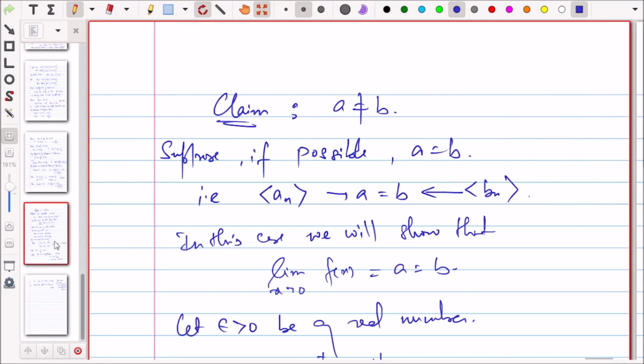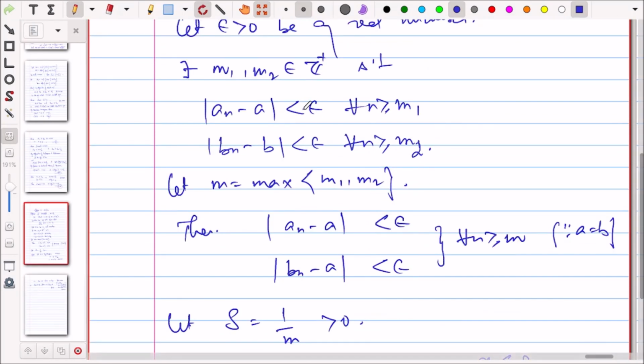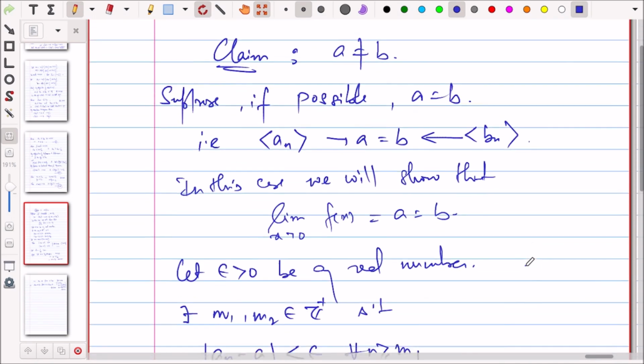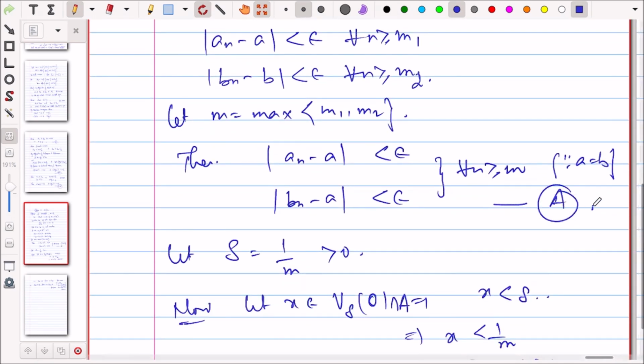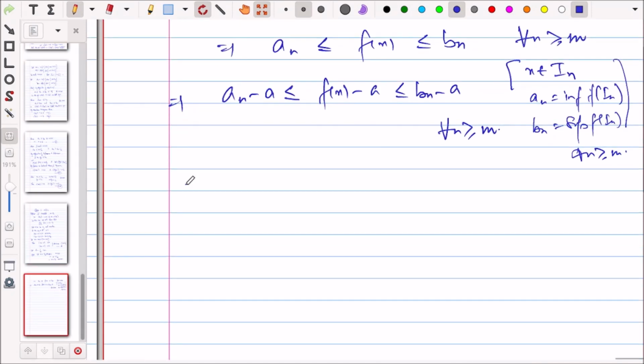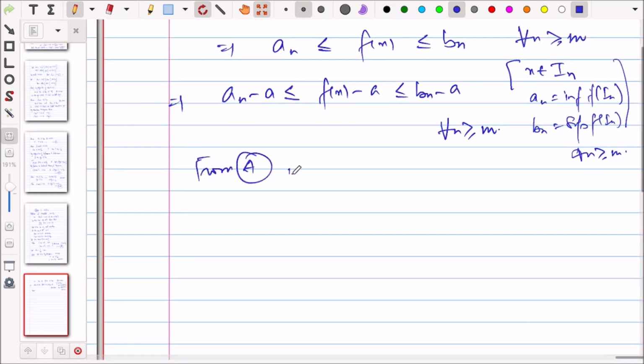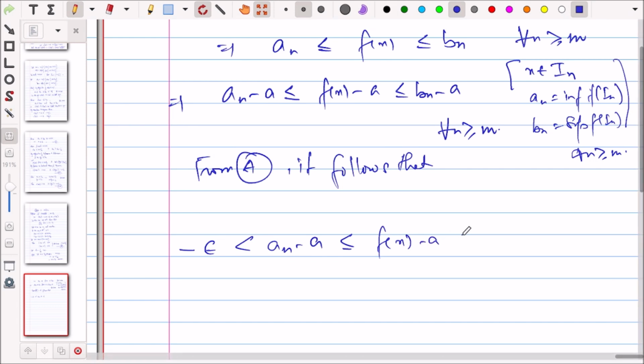Now if you see this interval, it implies that minus epsilon is less than an minus a, and this is less than or equal to, so mark it as capital A. So from A it follows that minus epsilon is less than an minus a, and an minus a is less than or equal to fx minus a, which is less than or equal to bn minus a, and this is less than epsilon for all n greater than or equal to m.